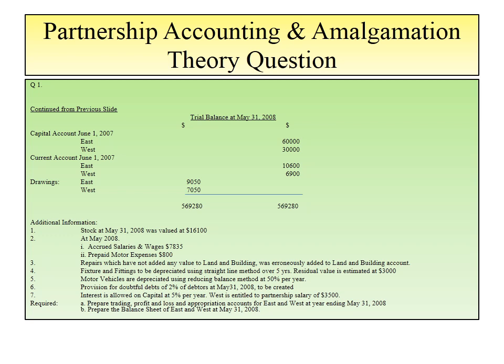The closing stock is given as 16,100 at May 2008. During May 2008, accrued salaries and wages were 7,835. Prepaid motor expenses were $8,000. Number 3, repairs which have not added any value to land and building were erroneously added to the land and building account, which has to be deducted.